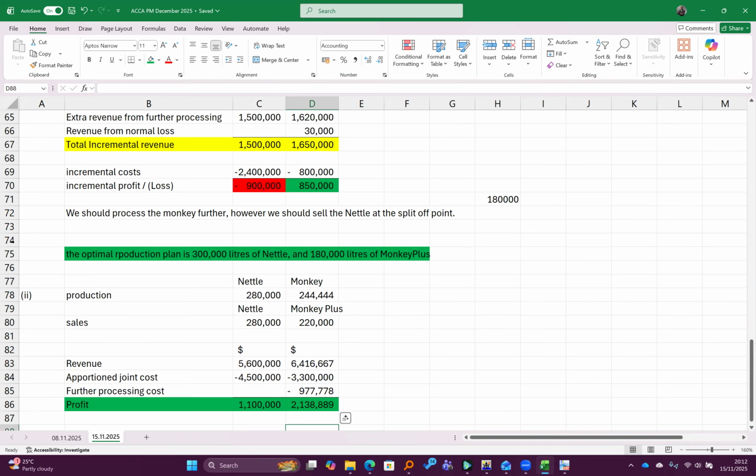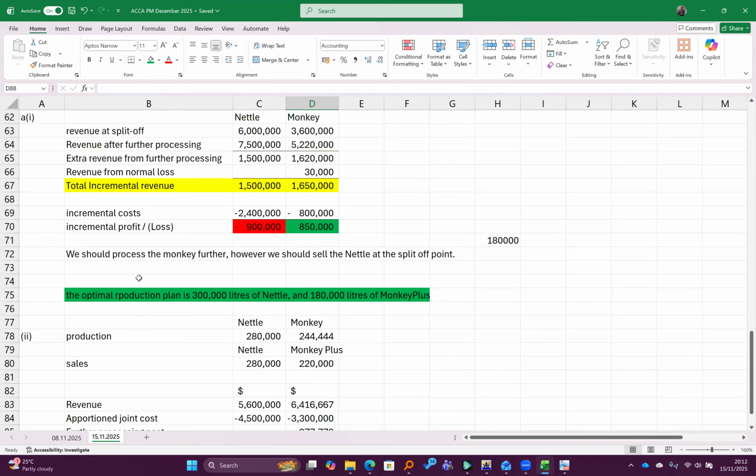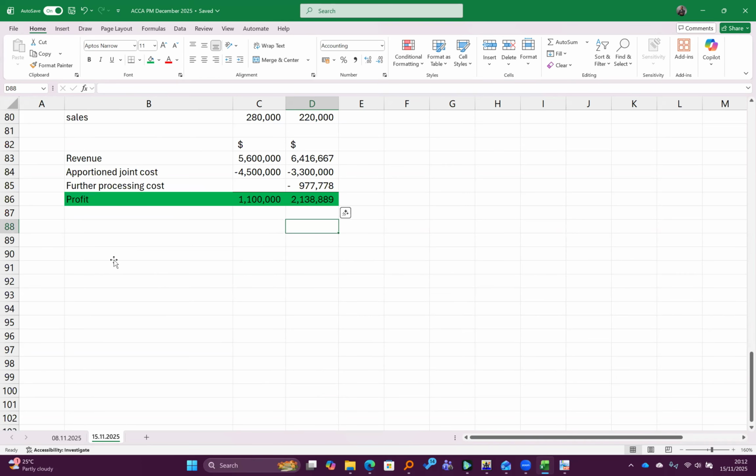So in that case, the joint costs become sunk costs because we have already incurred them either way. So it's a matter of you figuring out how to write it.